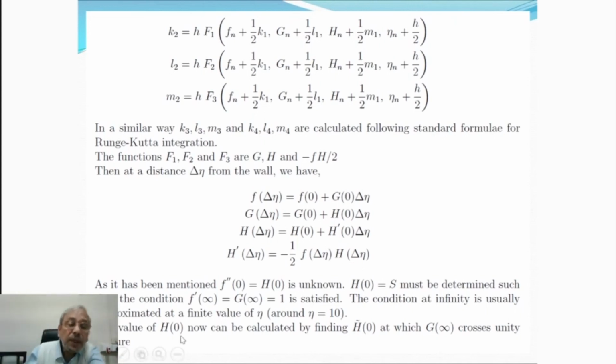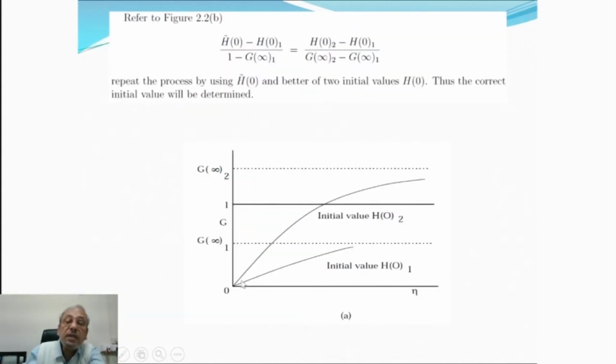Now the value of h naught can be calculated by finding h tilde naught at which g infinity crosses unity. So this is basically the solution. See, for example, for some initial value of h naught, we have got this value. G infinity is varying this way. It is basically asymptotically reaching some value, we have not given the exact quantity here, maybe 0.6, 0.5, something like that.